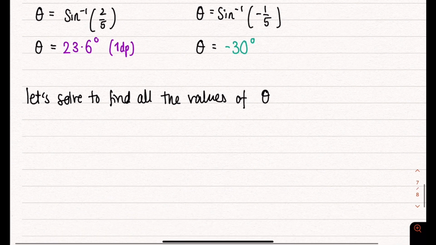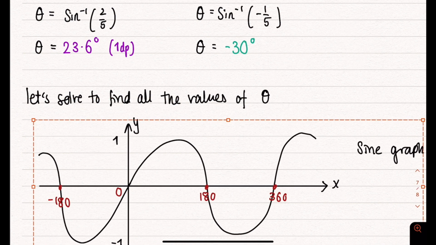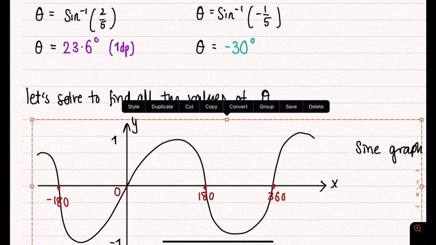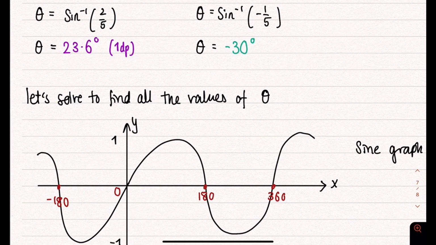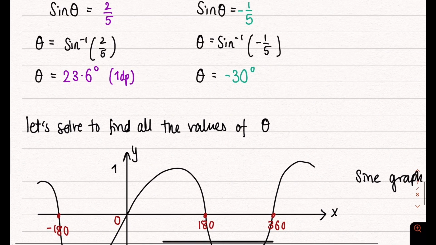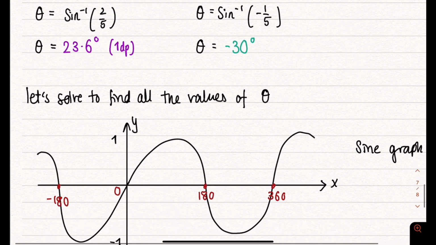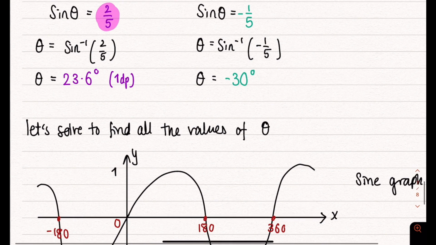So now we can use a calculator to obtain that at sine theta equals 2/5, theta is equal to 23.6, and at sine theta equals minus 1/5, we get theta is equal to minus 30.